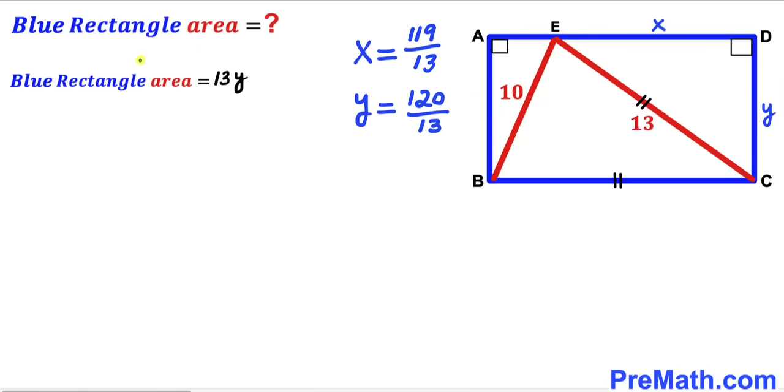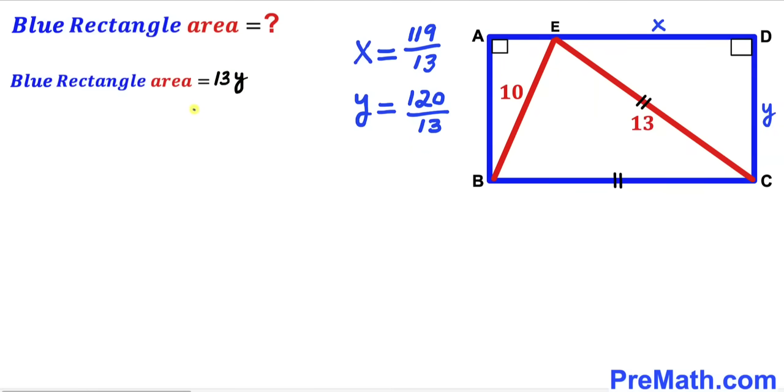And here's our final step. Now we are going to calculate the area of this blue rectangle ABCD, which is equal to 13 times y, and our y value is 120 divided by 13. I'm going to replace that over here.